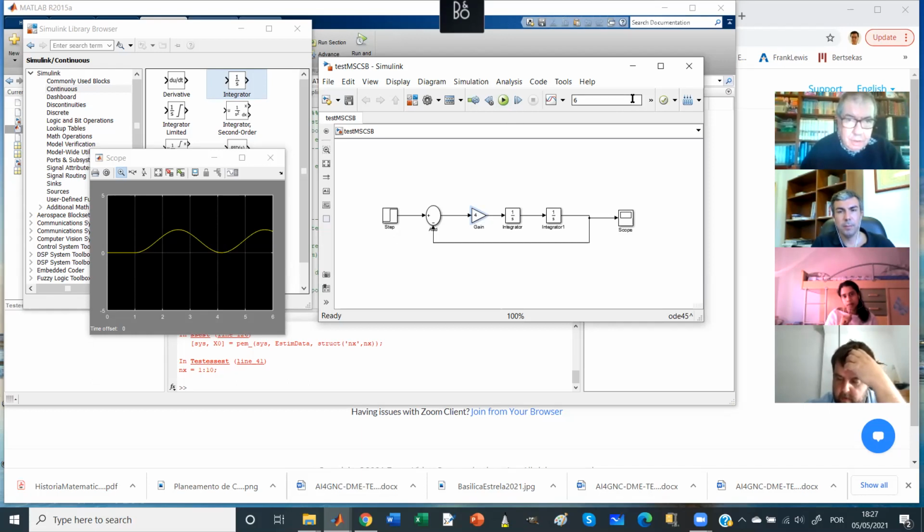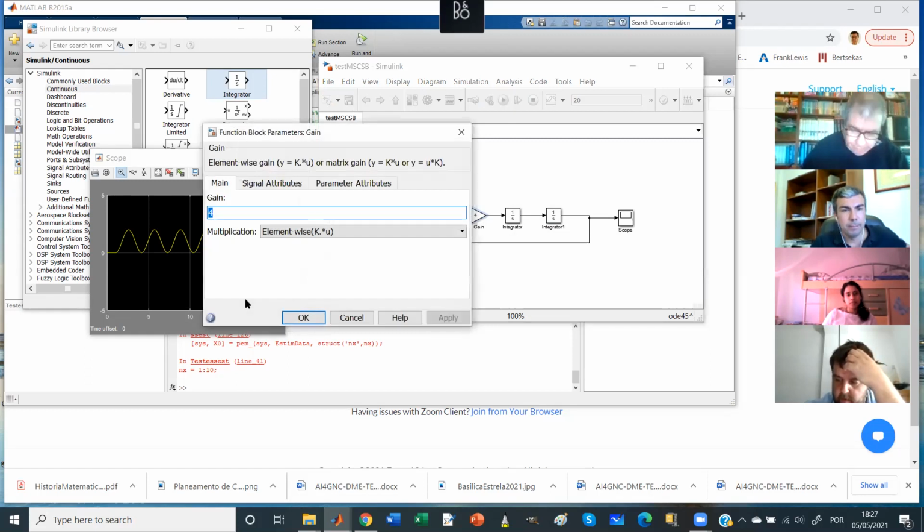So instead of just doing this, you do a simulation up to 20. It's oscillating. You see, it never stops. Now change the gain. Use a lower gain, say a gain of 0.1.